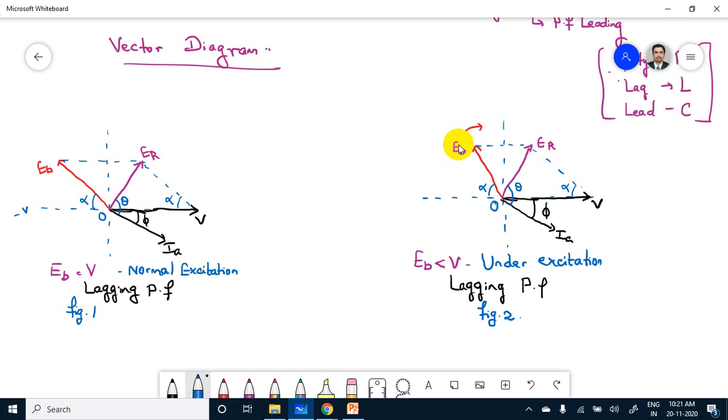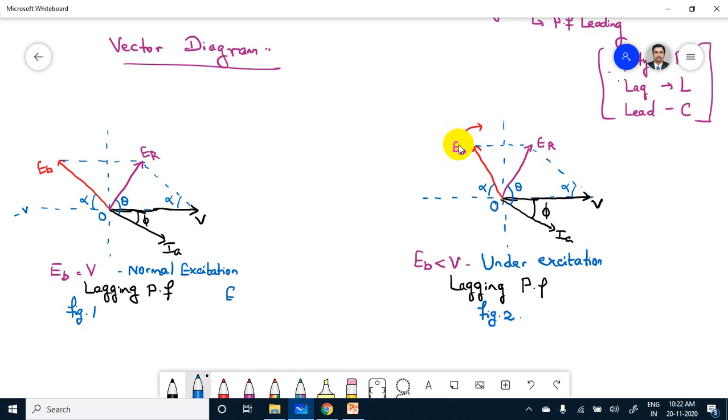By seeing both figure 1 and figure 2, what are you understanding? When EB equal to V, that is when voltage V equal to 230, EB should also be 230 volt. But when EB is less than V, the EB value will be lower.